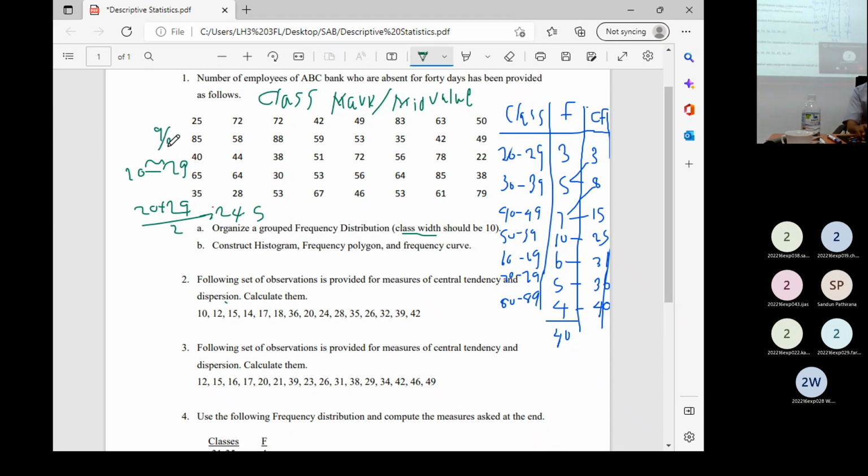That value can be divided by 2, 4.5. Add to the lower limit, 20 plus 4.5, then answer 24.5. Or from the upper limit you can subtract 4.5, same value 24.5.